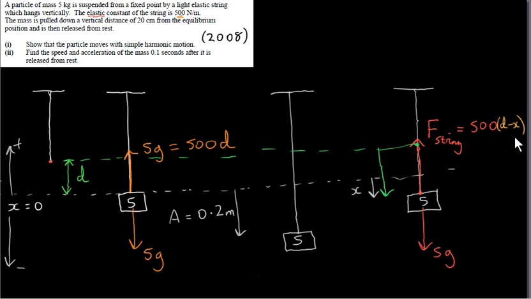D minus x. Say for example d was 0.1 meters, and suppose x is minus 0.2, then the extension would be 0.1 minus minus 0.2, so the extension would be 0.3.